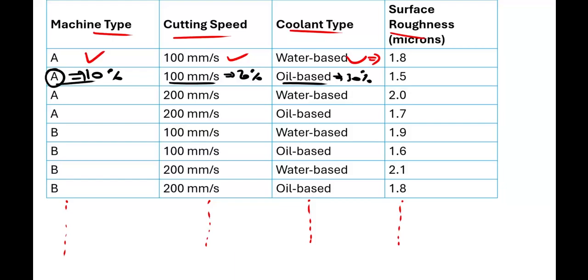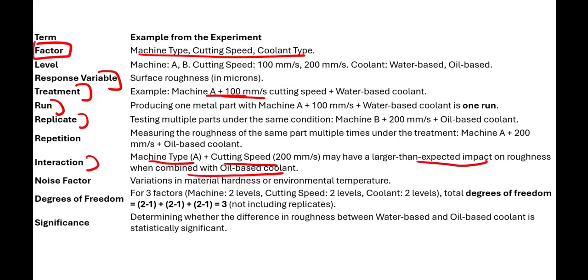But when you run them together, the combined effect is not simply 60%. The combined effect may be more than 60% or less than 60%. That's what the interaction effect means.